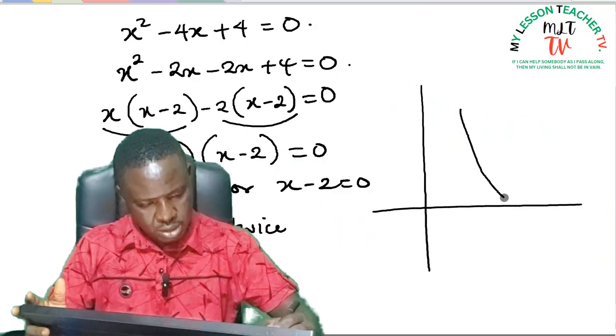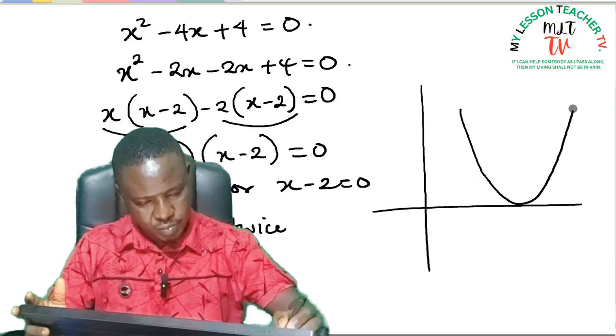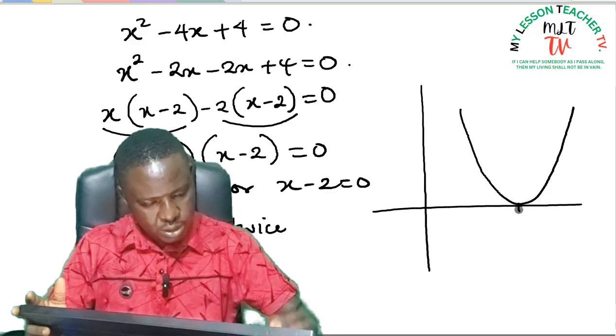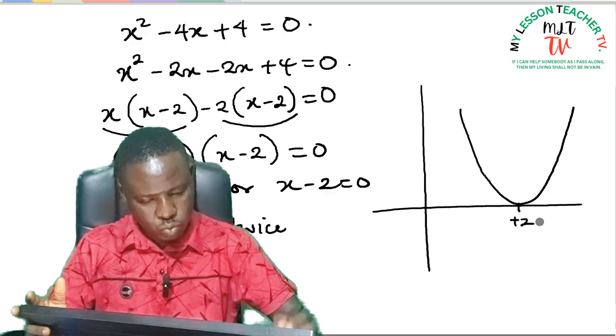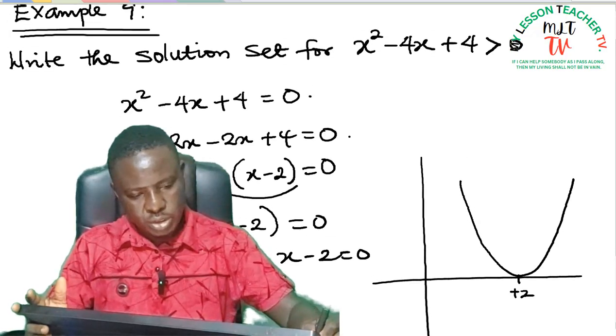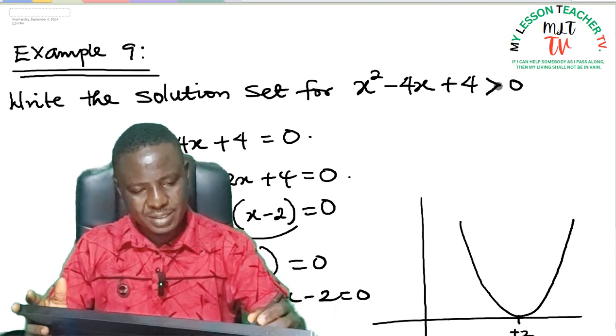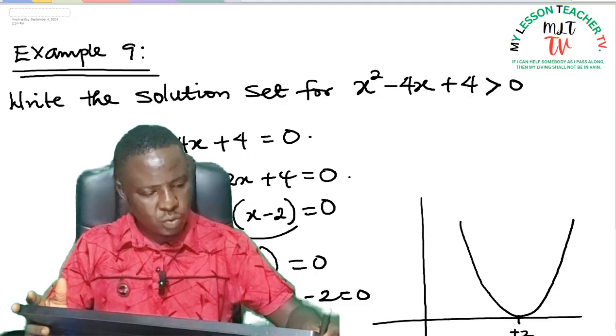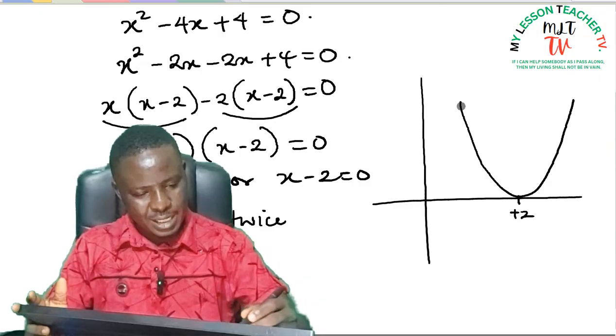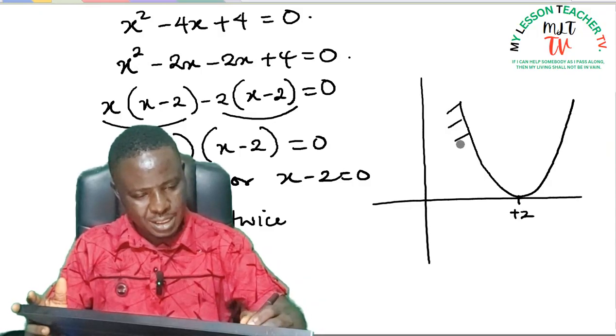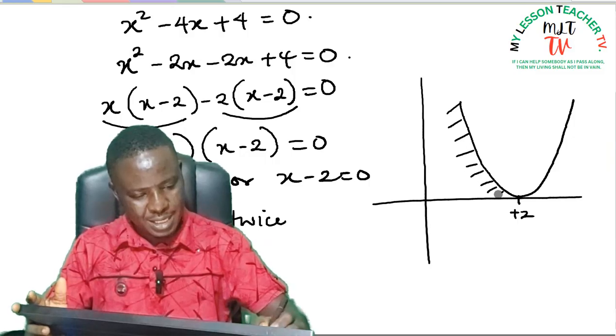So you have something like this, where this point is said to be plus 2. And the question says we should find the region where this is greater than 0. So it is at this region and at this region.